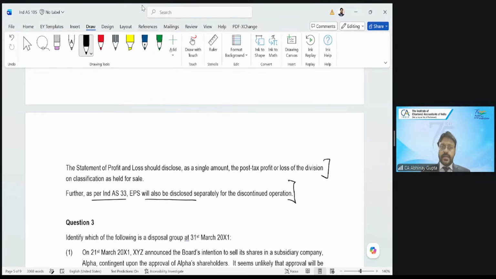I hope it is clear how we are planning to give our answers in the question by comprehending the question completely, right? And we shouldn't be focusing only on the standard which is under discussion, but we also need to be open to think through which all other standards' application is there in the current question, right? Because we have to see all the questions from the examination point of view, right?